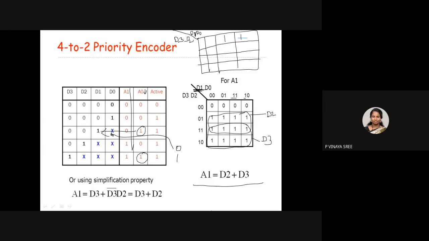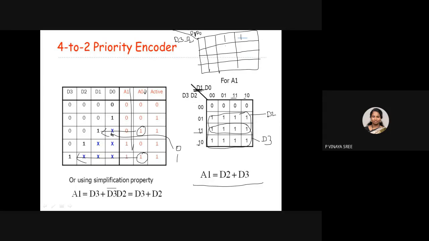Next, for this case, A0 is high when D3 is high. D3 we already discussed for A1 also. D3 is this one and this one. Should we see about the D2, D1, D0 values also? No, because D2, D1, D0 are don't care.